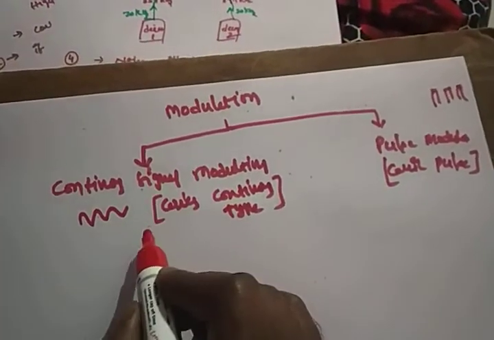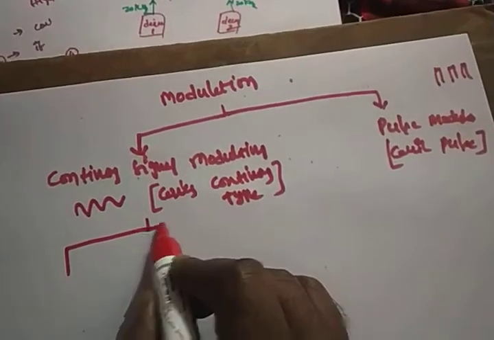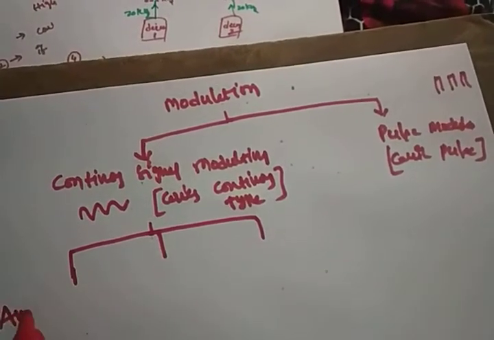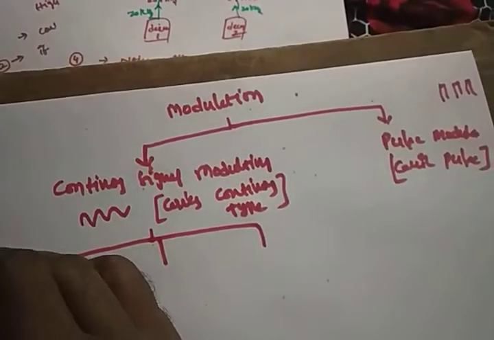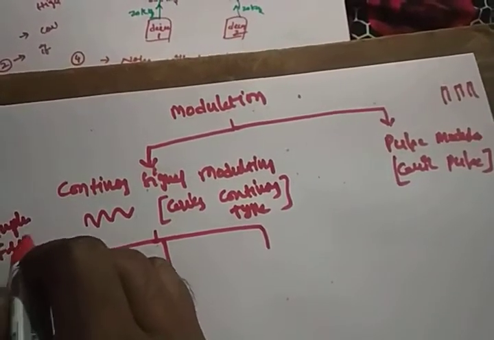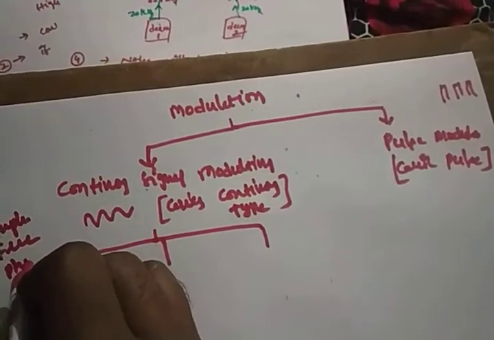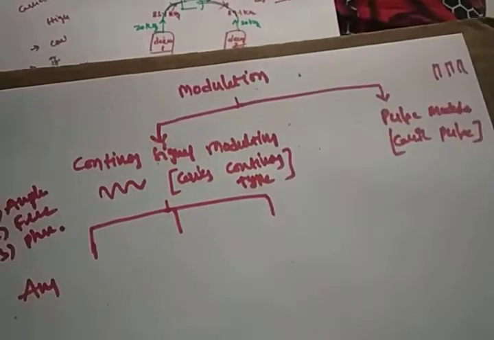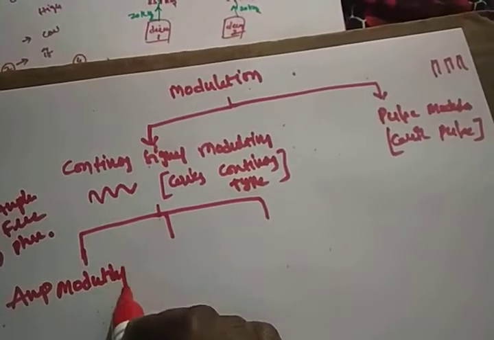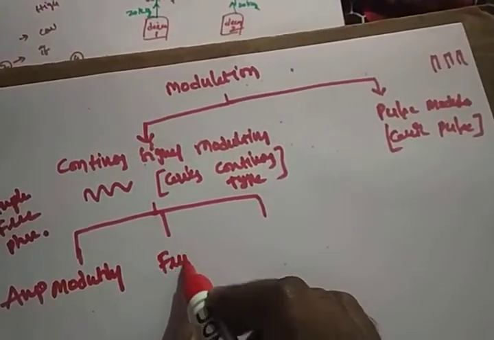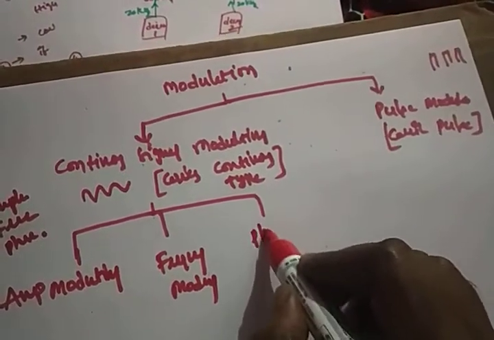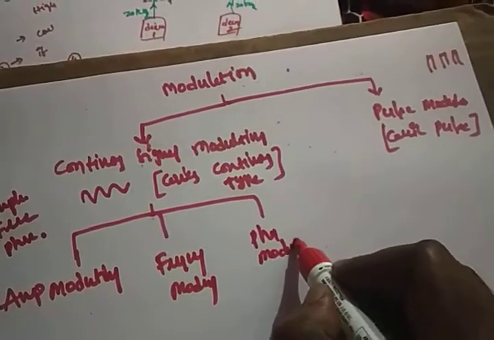So continuous signal modulation is further classified into three types. Each and every continuous signal has some amplitude, frequency, and phase, right? So from this we classify amplitude modulation, frequency modulation, and the third one, phase modulation, right?